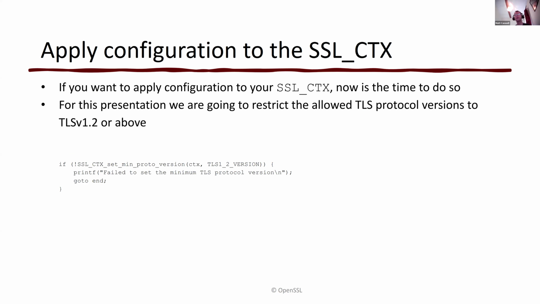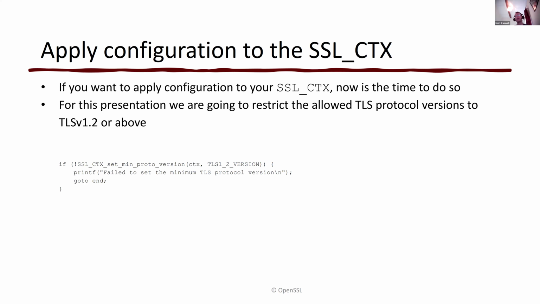Okay, so once we have our SSL_CTX object, we can now apply any configuration that we want that's going to be common to all of the TLS connections, all of the SSL objects that we create from this SSL context. In this example, we're going to set the minimum protocol version that we're going to accept as TLS version 1.2.